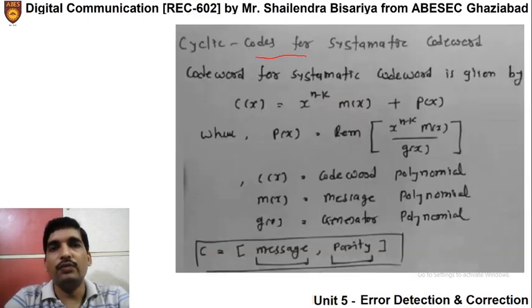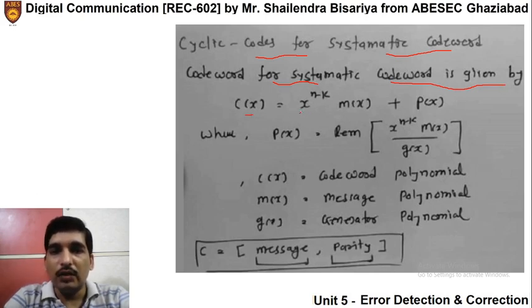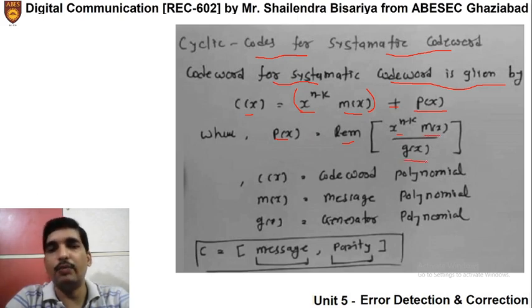Cyclic codes for systematic code word. The code word for a systematic code is given by cx is equal to x to the power n minus k into mx as one term, plus px, where px is the remainder of x^(n-k) into mx upon gx, the generator polynomial.